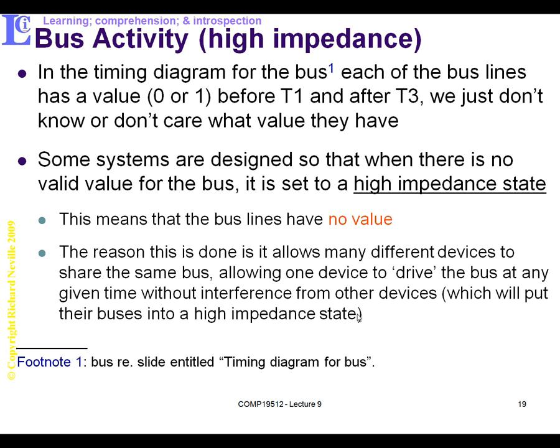So there might be one processor, but there might be 4 or 8 memory chips, but you're only addressing maybe a particular memory chip at one time. So all the others shouldn't be driving the bus, so they're set into a particular state, and that is a high impedance state. So this is the rationale here for high impedance state in this course.